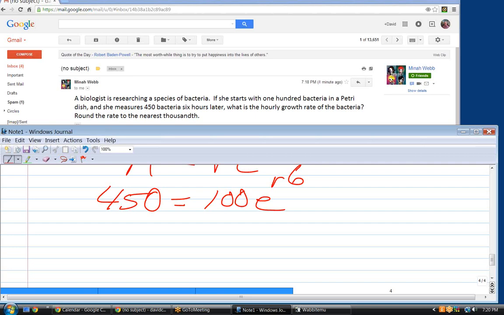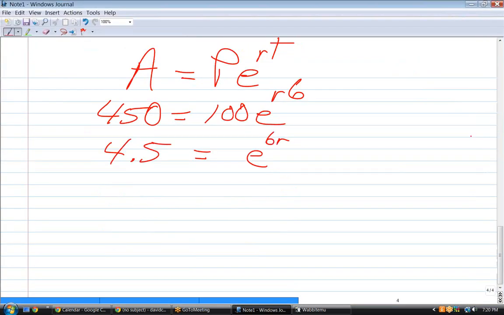What's the first step for solving this? Divide 100 on both sides? Okay, so now I got 4.5 equals e to the 6r. Next step? Take the natural log on both sides. What's the right side turn into? 6R.